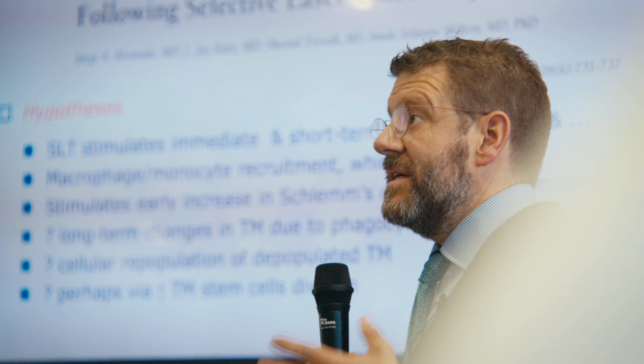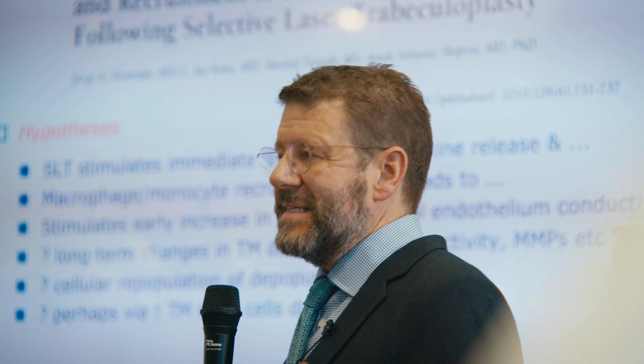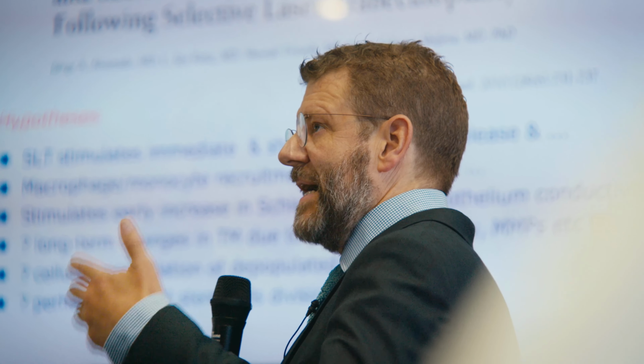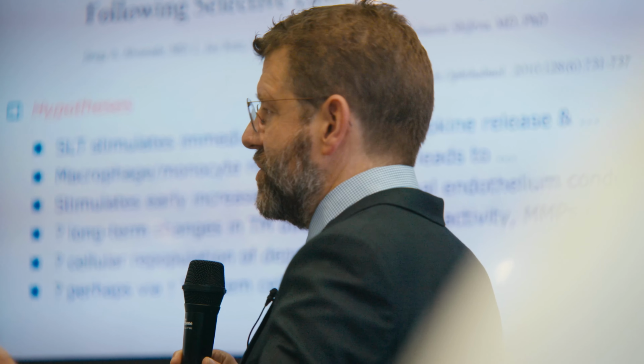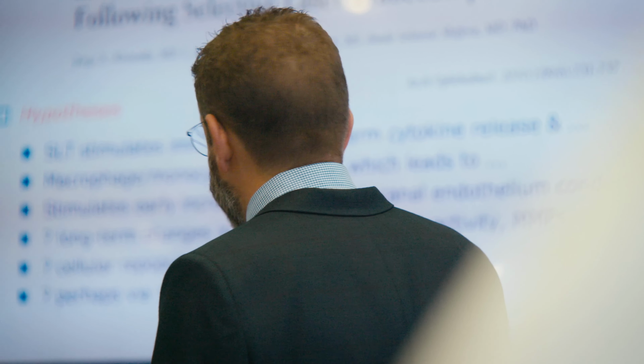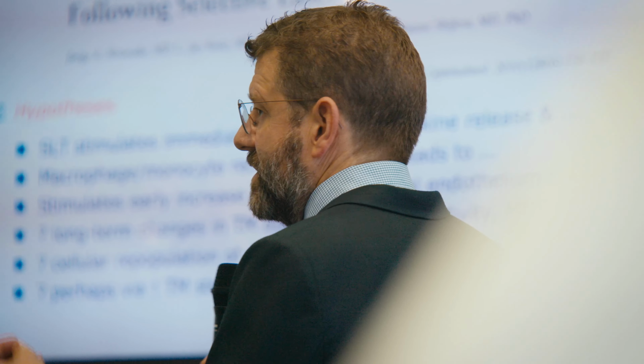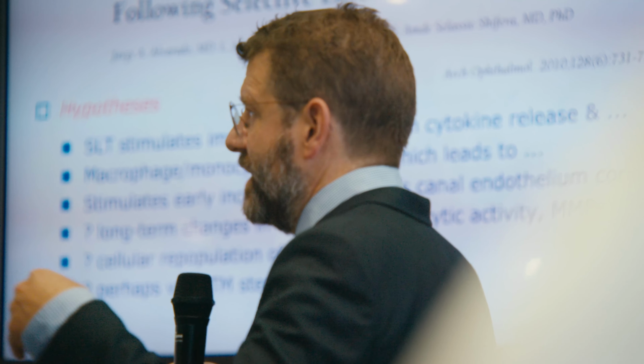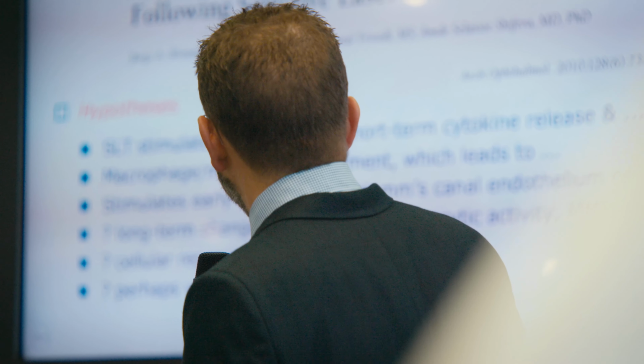What's exciting, and what I hope somebody will be able to demonstrate before too long, is that we are actually seeing trabecular meshwork stem cell stimulation. That's certainly been shown in some animal models. There are stem cells at the Schwalbe's line, with reproduction and division, but we've not yet managed to show that in humans.